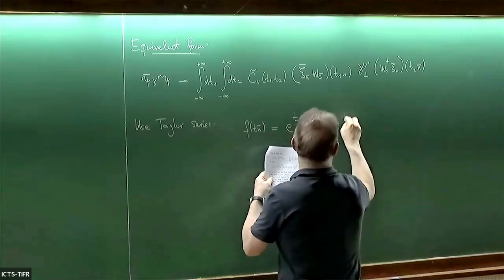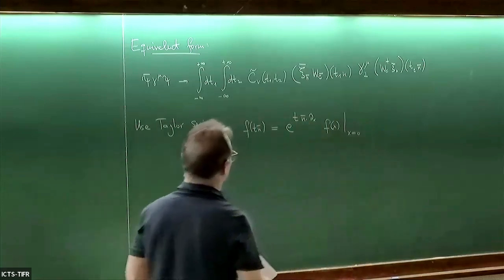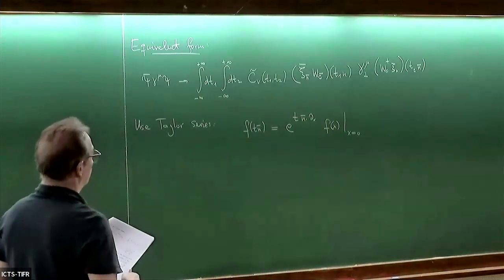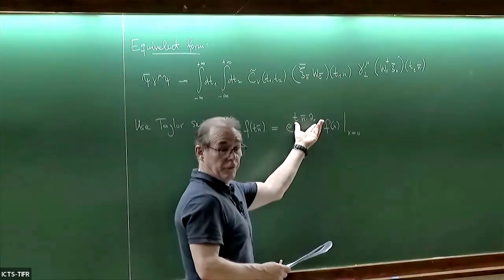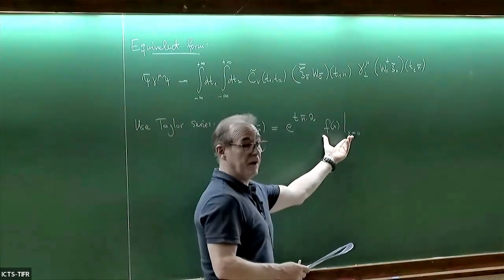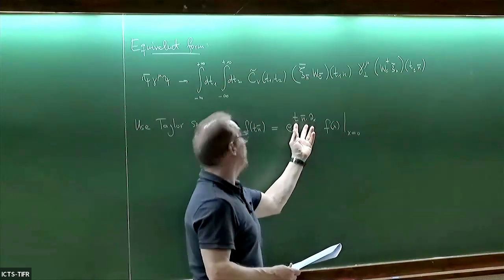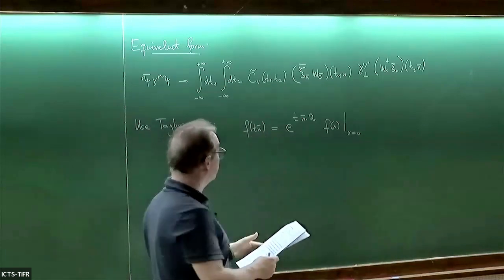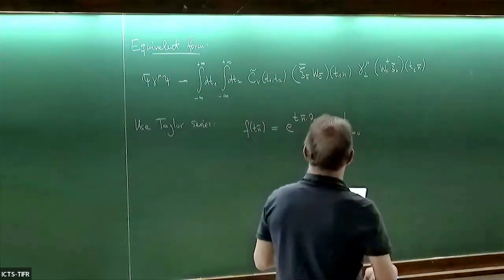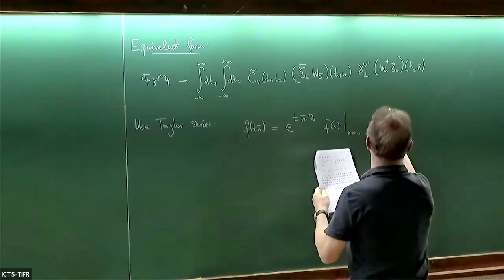And then after I take all these derivatives, I set x equal to 0. Of course, in quantum mechanics, this is the translation operator. It takes this function and translates its argument by an amount t n bar. So we get the function not at 0, but at t n bar.